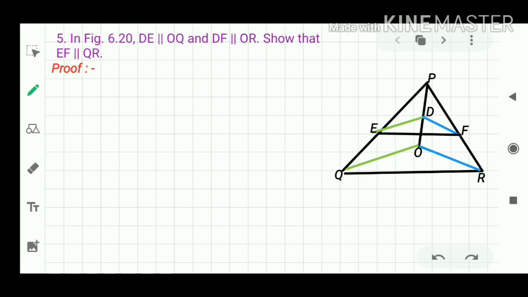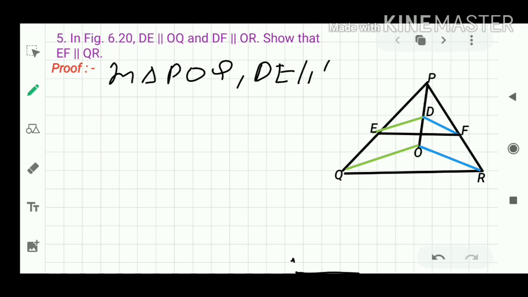See, DE is in the figure POQ. So we have to write in triangle POQ, DE is parallel to OQ.